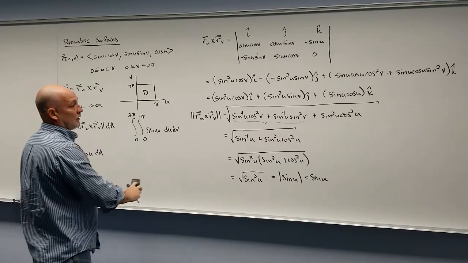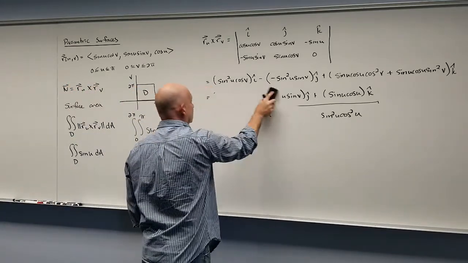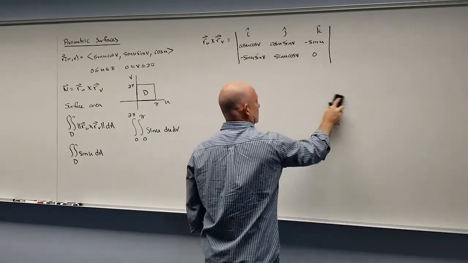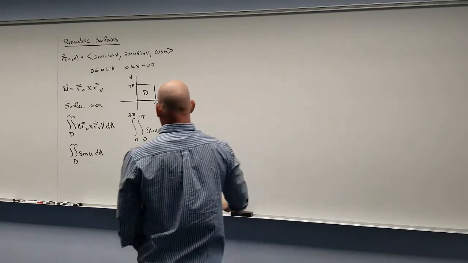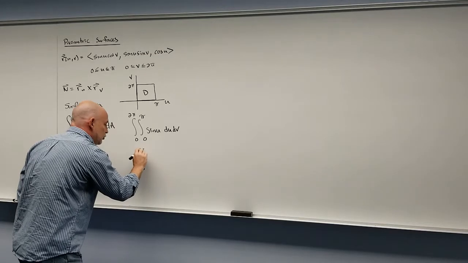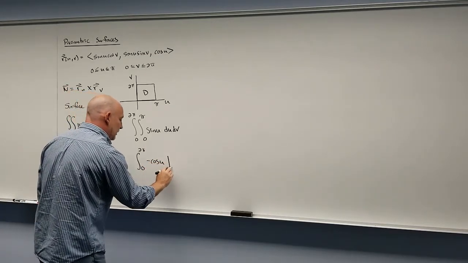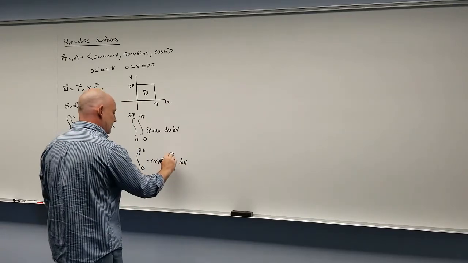All right, I need some room. All right, so the integral from 0 to 2 pi, the integral of sine of u is negative cosine of u. We need to evaluate that from 0 to pi, dv.